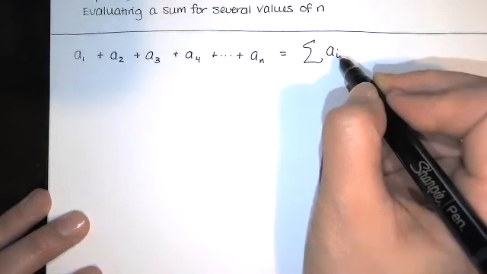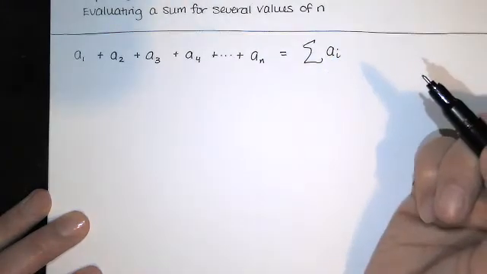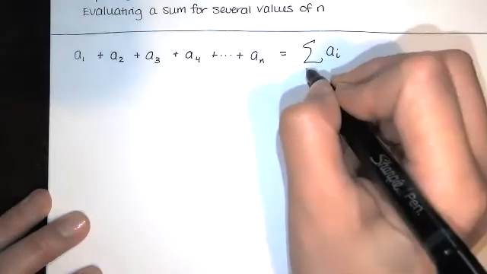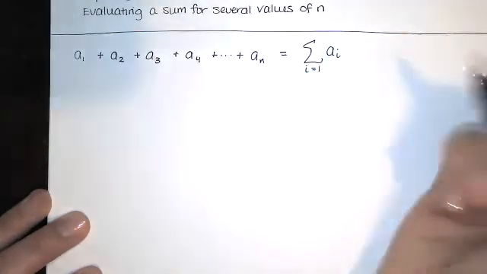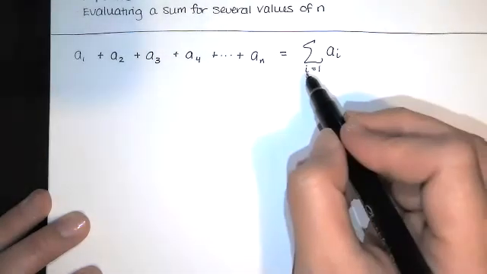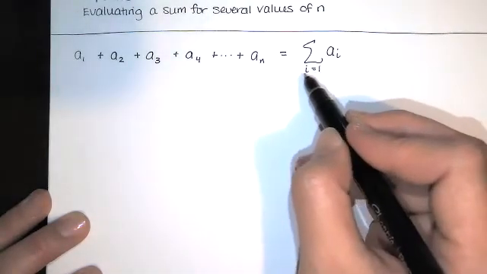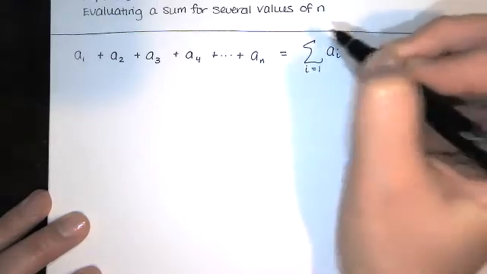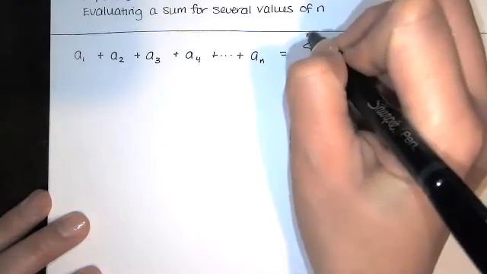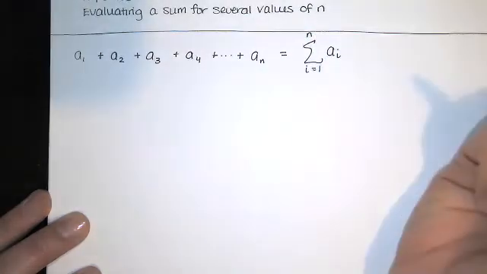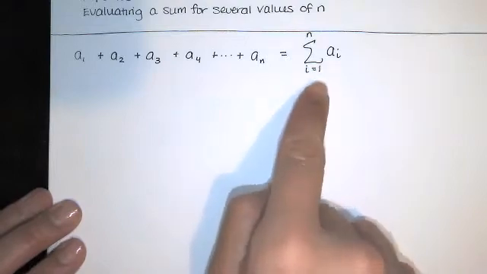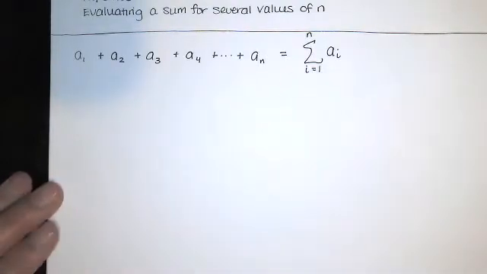That is called the ith term of the sum. The number below the sigma is typically denoted like that, i equals 1, that tells you where to start counting, and the number above the summation sign, that sigma sign, is an n that tells you where to stop counting.